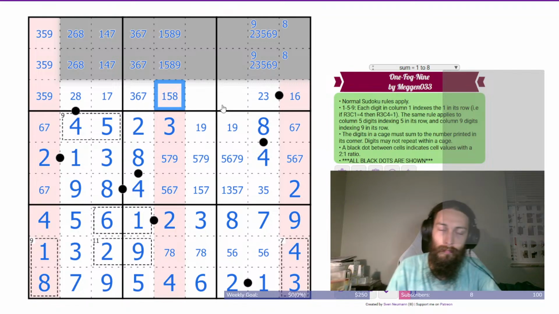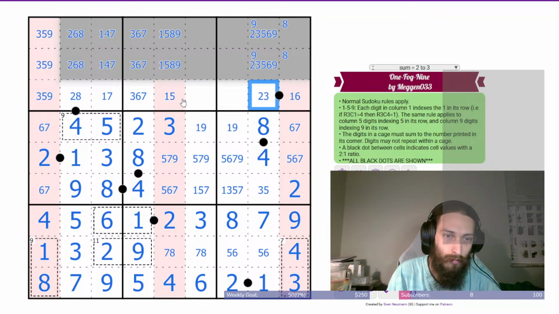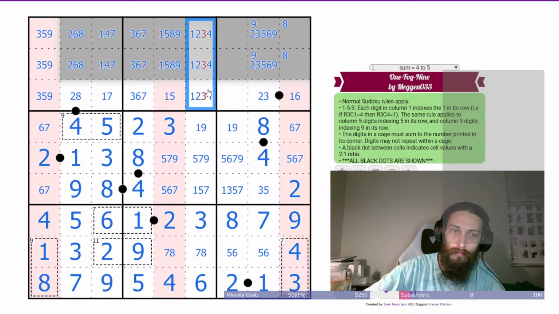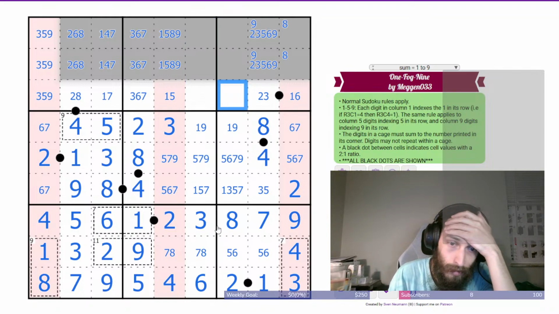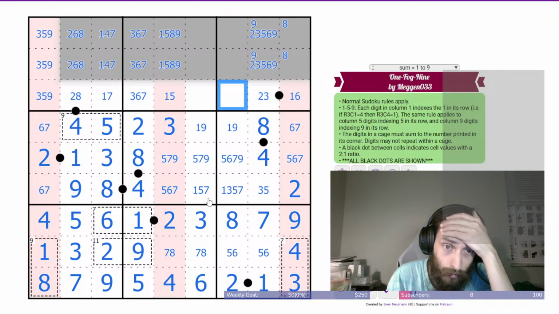Right. And it can't be 8, because that can't be a 5 either. Seven are all out. So many digits, I don't think I'm pronouncing clearly.